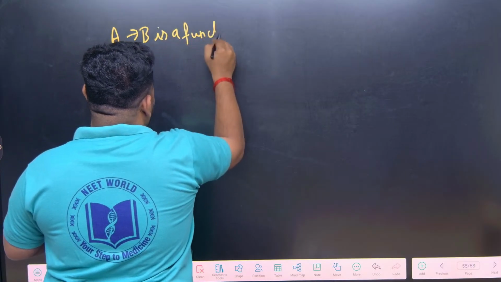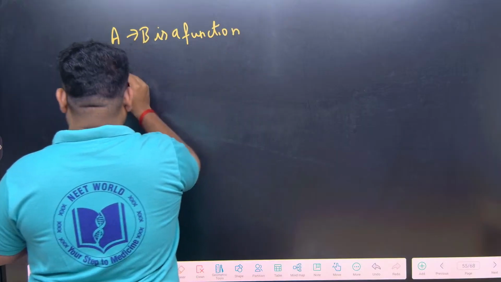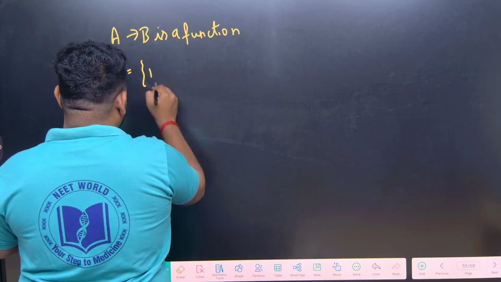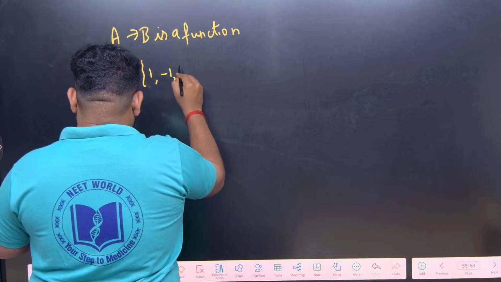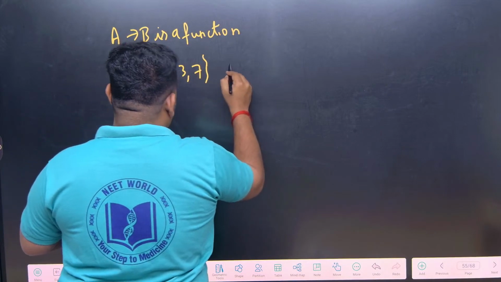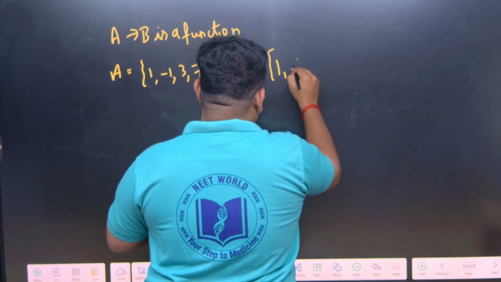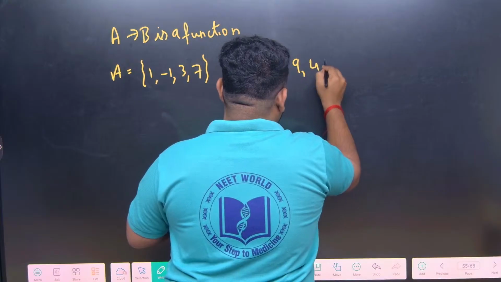They are telling us to first check whether it is a function and then write the domain and range. A is given as -1, 1, 3, 7, and B is given as 1, 9, 49.